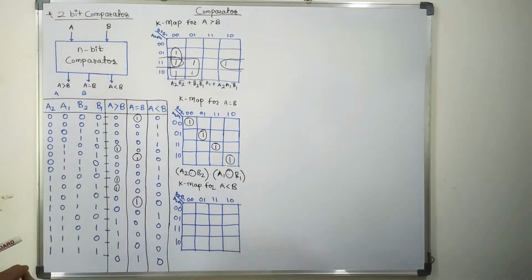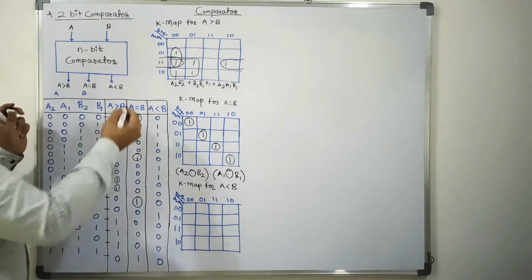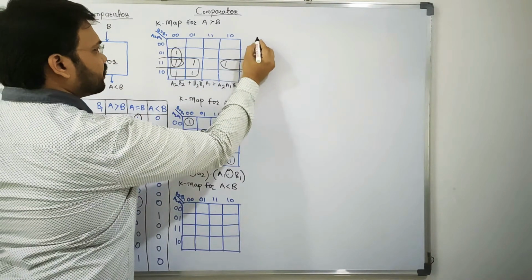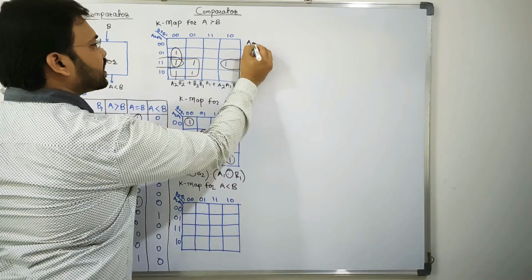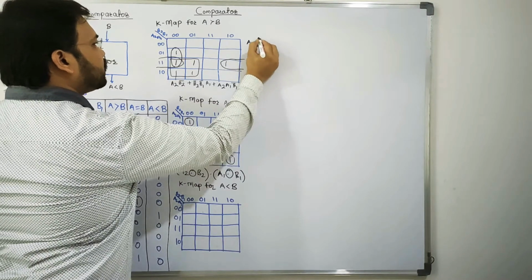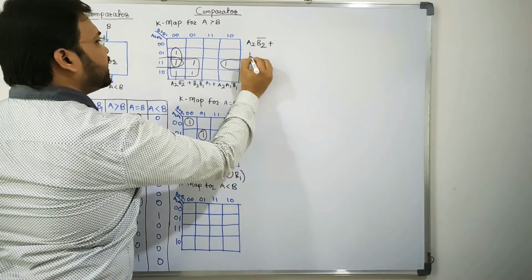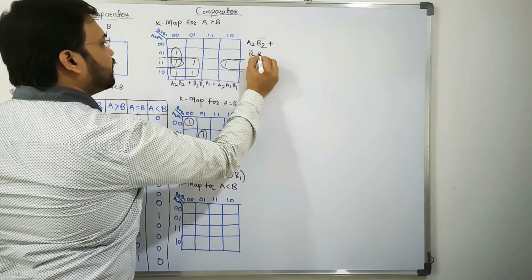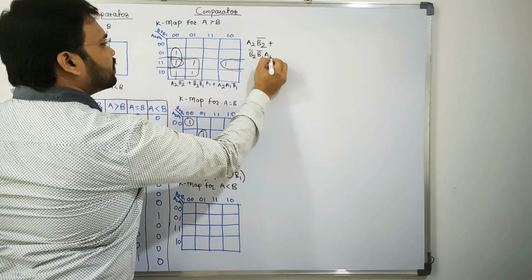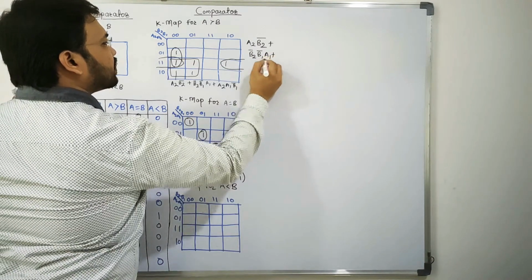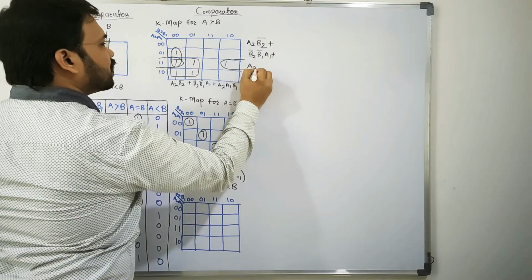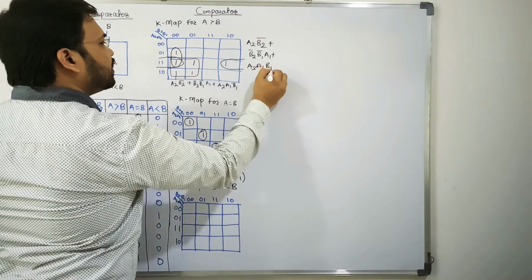So here the equation we are having. Okay, this equation I am writing here also, as it is not visible. So here A2 B2 bar plus B2 bar B1 bar A1 plus here A2 A1 B1 bar.